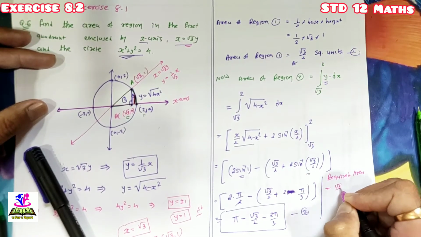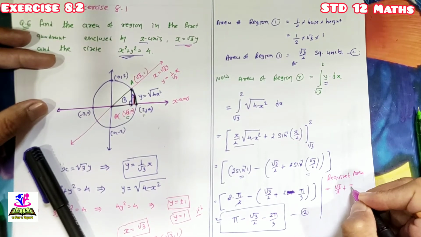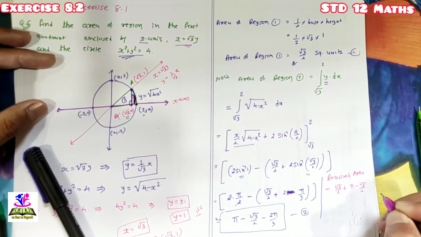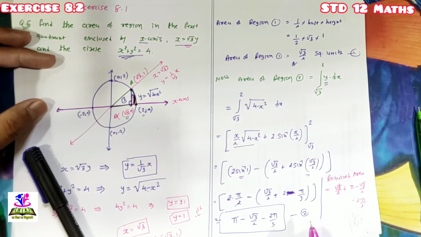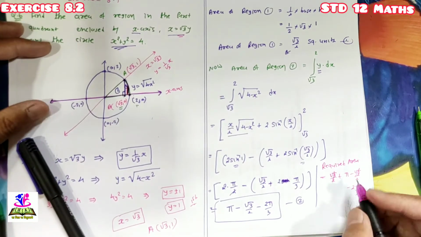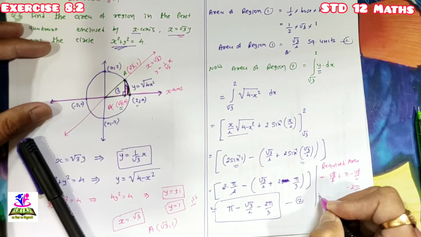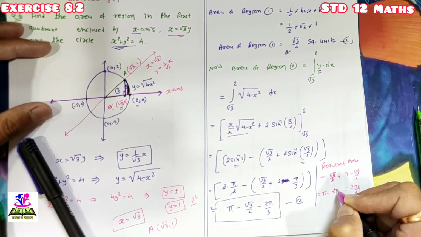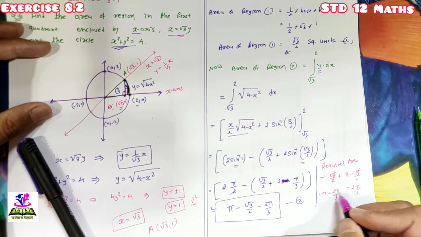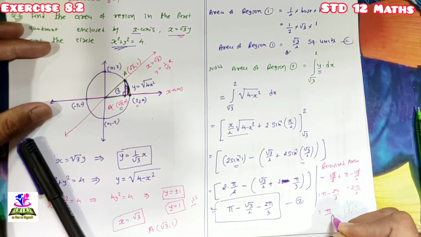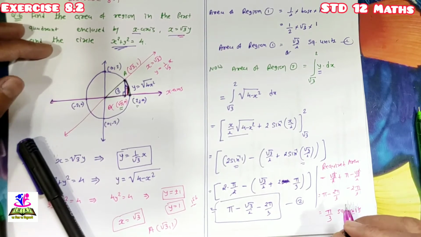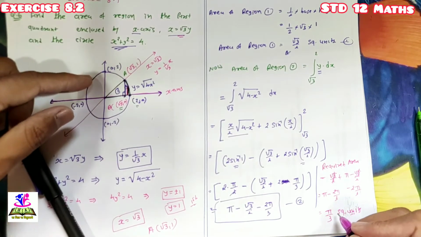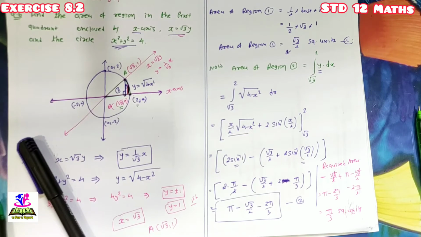So root 3 by 2 plus pi minus root 3 by 2 minus 2 pi by 3. Root 3 by 2 minus root 3 by 2 cancels. So it's pi minus 2 pi by 3, which is 3 pi minus 2 pi over 3, so pi by 3 square units. So our required area is pi by 3 square units, and that is the answer.